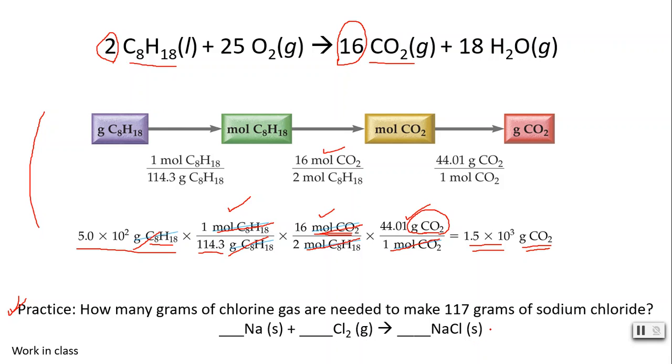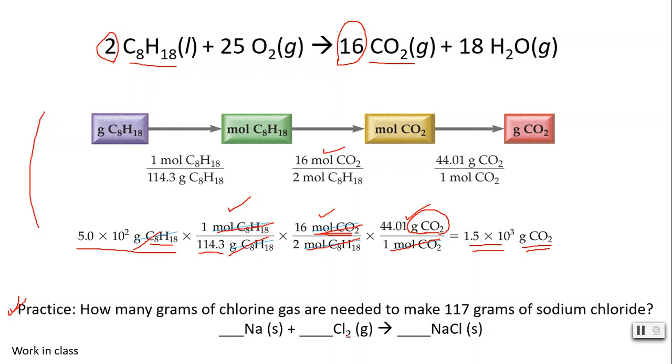But before you even start your unit analysis problem or writing down what you're given and what you're looking for, you should always look to make sure that the chemical equation is balanced, meaning number and type of atom on the left is equal to number and type of atom on the right. Because if it's not balanced, then the coefficients are going to be wrong and your mole-mole conversion units will be incorrect. So, is this equation balanced?